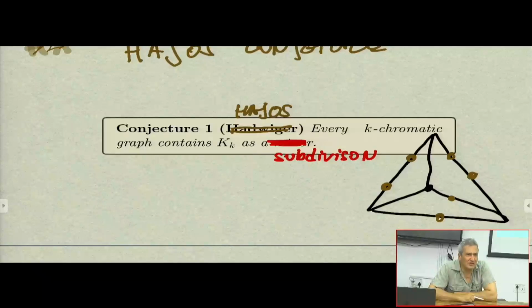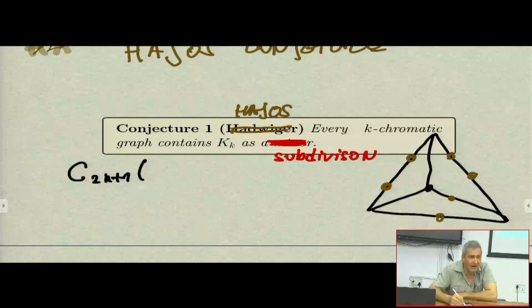And this conjecture was disproved by Catlin. He constructed his class of graphs. A counterexample can be found here, like we studied in the exercise the first day. If you remember, we took some odd cycle and then the lexicographic product with some complete graph. Do you remember this?